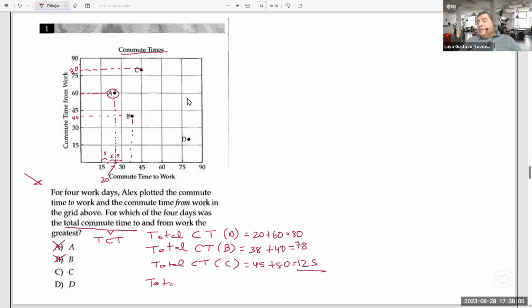And finally, discard the last one by checking here. This is about 80, and this is about a third of 15, so 15 plus 5, 20. So it would be like 80 plus 20, 100. This is still the greatest, so the correct choice would be C.